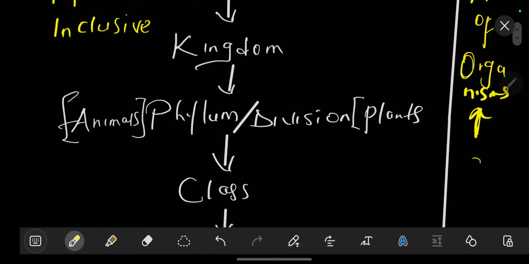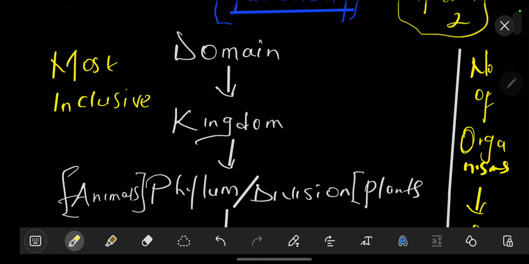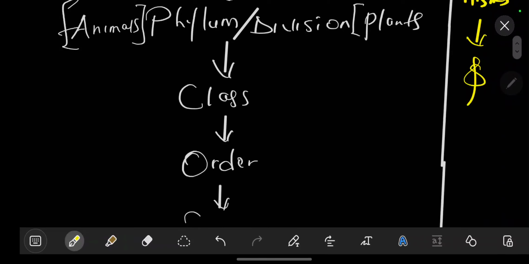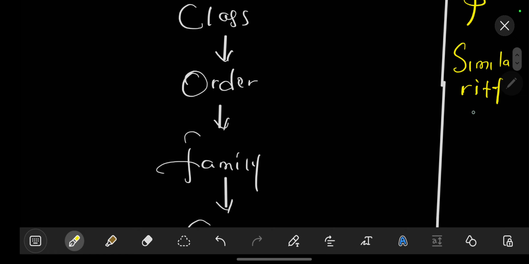Then the next thing that happens here is that the number of organisms decreases. Then the next thing that happens is the similarity. Then the similarity, you see, will decrease. So this is what happens here.